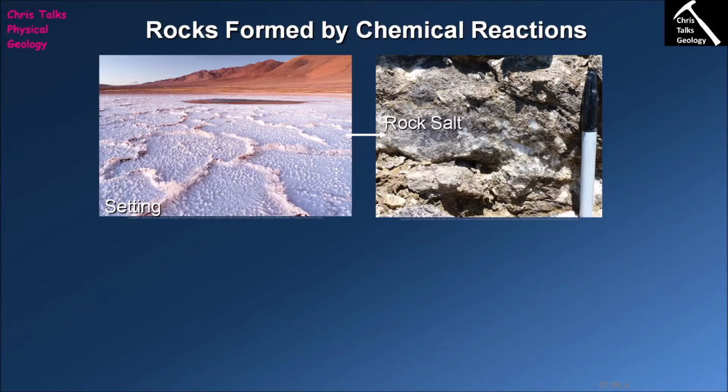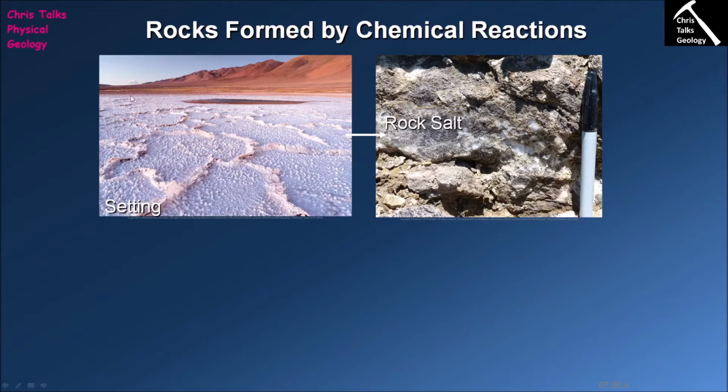In that instance, the rock is formed due to the accumulation of material of an organic source, and this could be anything from shells and skeletons all the way through to undecomposed organic matter.